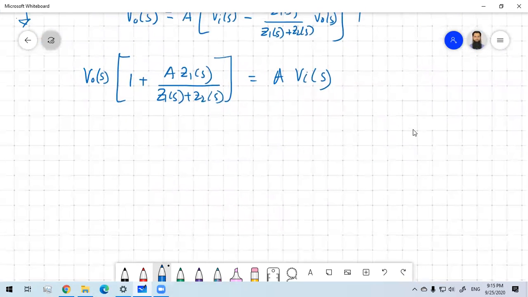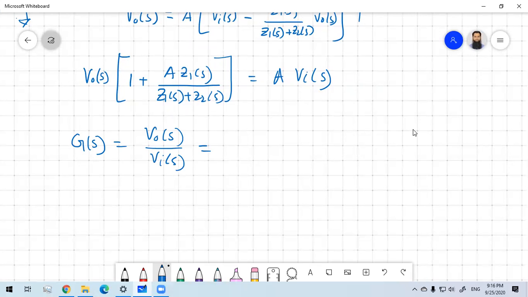Okay, so what will be our transfer function then? The transfer function G of S is nothing but V0S by VIS, so it will be basically A divided by the whole thing.